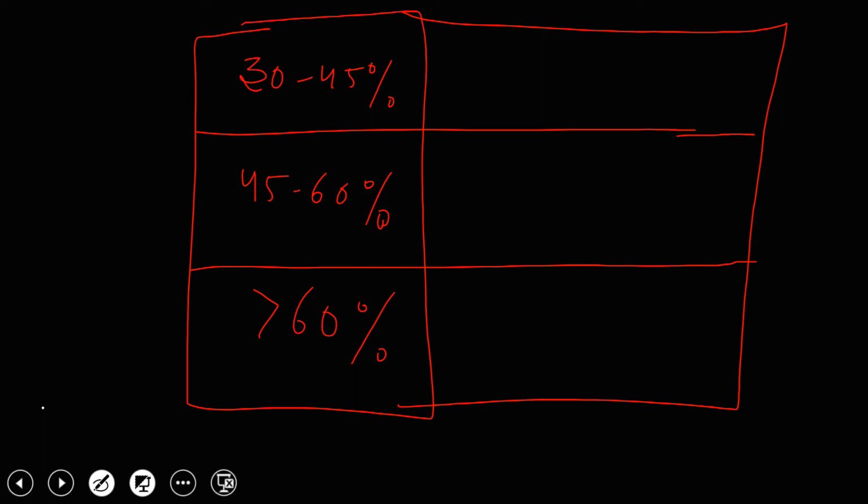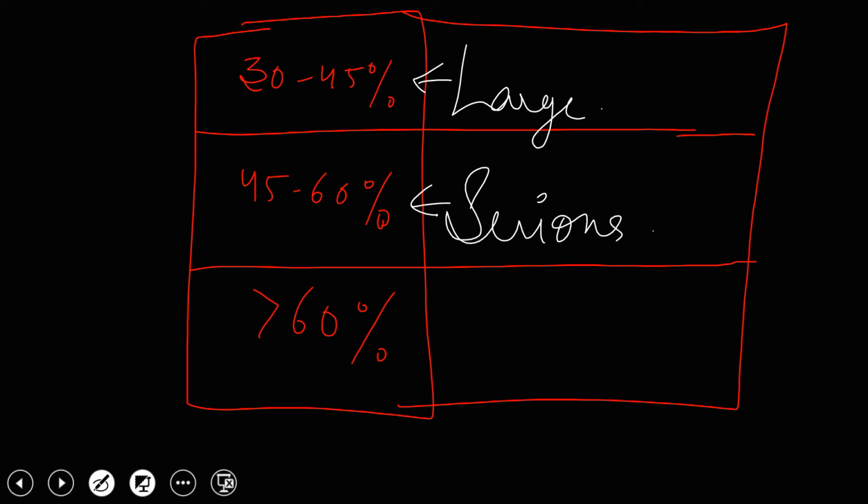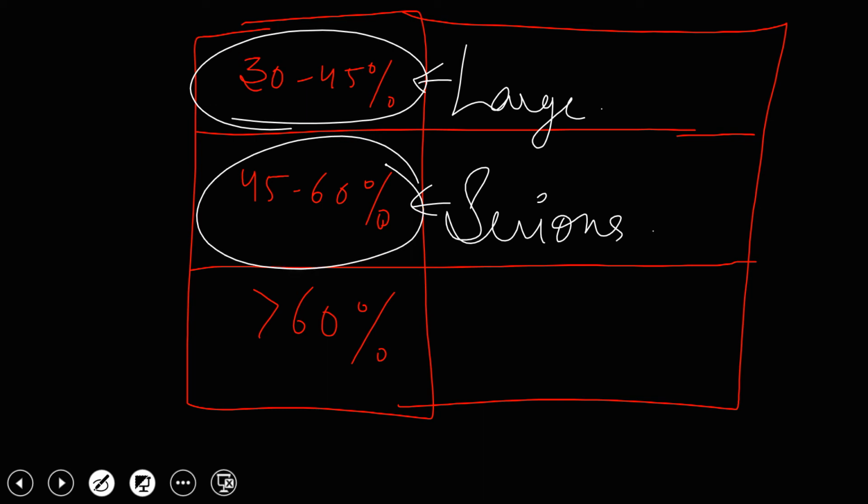If it is 30 to 45%, it is large deficiency. Now if this is large, then this should be serious, because 30 to 45% deficiency is a huge number. But then in that case, 45 to 60% would be a very, very serious number.